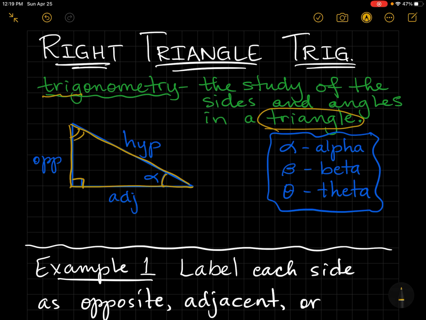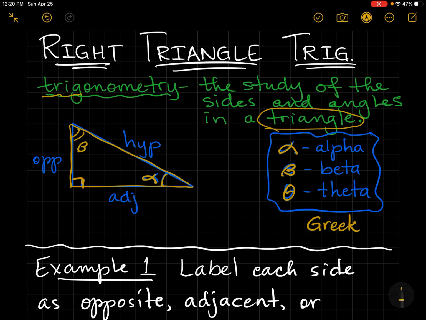So, I also want to draw your attention to this little box here. These are Greek alphabet letters: alpha, beta, and theta. We use these lowercase letters as variables for angles. So maybe we'll call this alpha, and maybe we'll call this one beta.